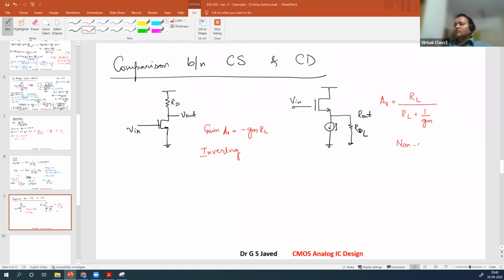This is non-inverting. Lastly, the common source provides a higher gain, right? Higher gain, and here AV is approximately equal to 1. So these are the 3 takeaways that you will have to work with. Understand this takeaway and take it forward.